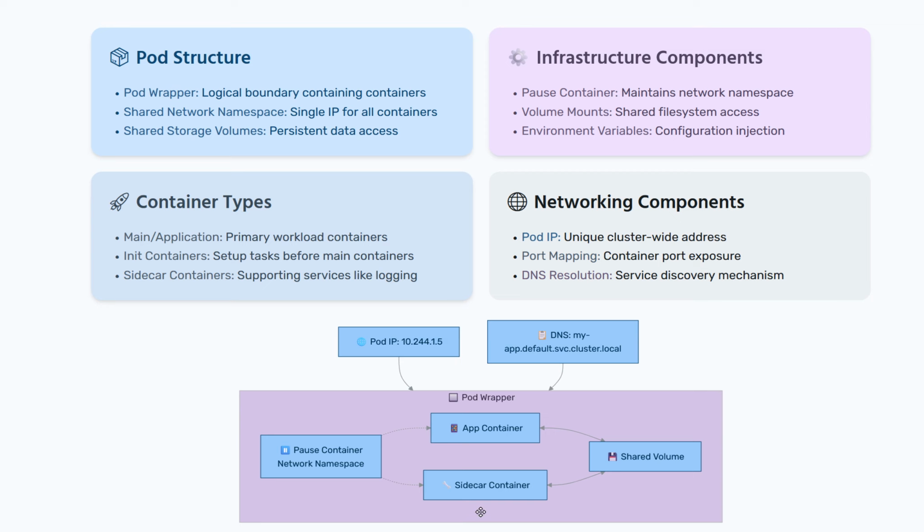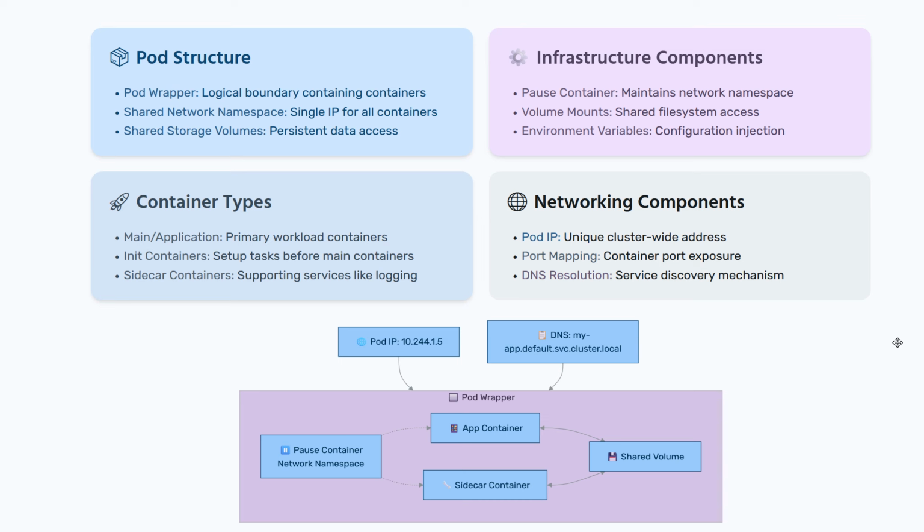So if you look at this picture, you can see the ones I explained. The pod IP is a common single IP for the shared network namespace, 10.2.4.15 for example. And the DNS is my-app.default.svc.cluster.local. That is how you represent them.